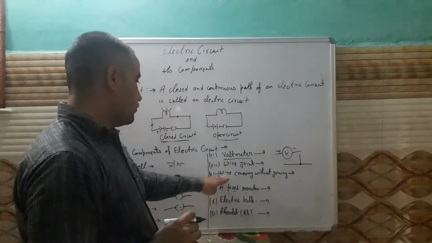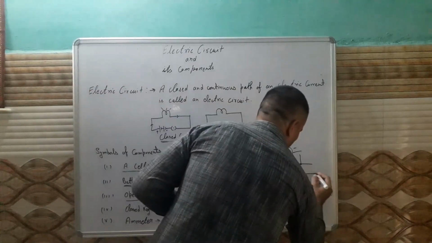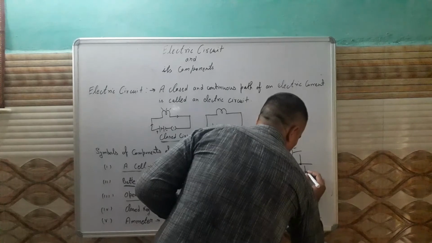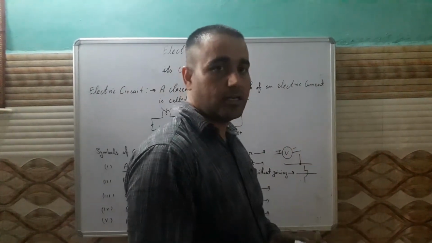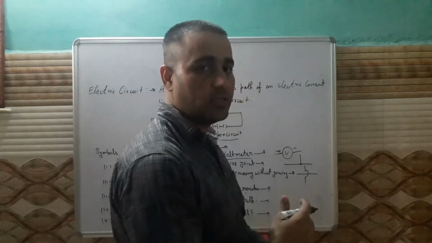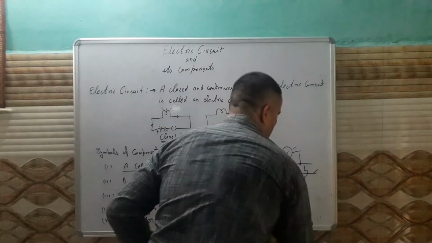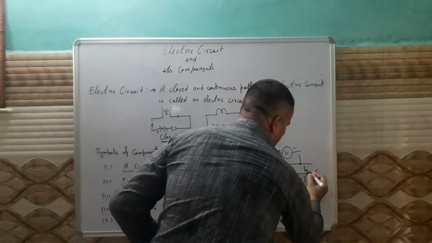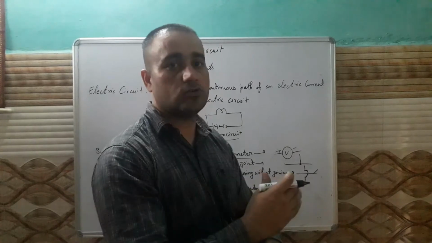Now, wire crossing without joining: sometimes it happens in an electric circuit, or in a domestic electric circuit, that two wires are not connected with each other, they are just passing over each other. So this is one wire and this is another wire. We can move this wire like this, which means there is no connection, they are just crossing over each other.